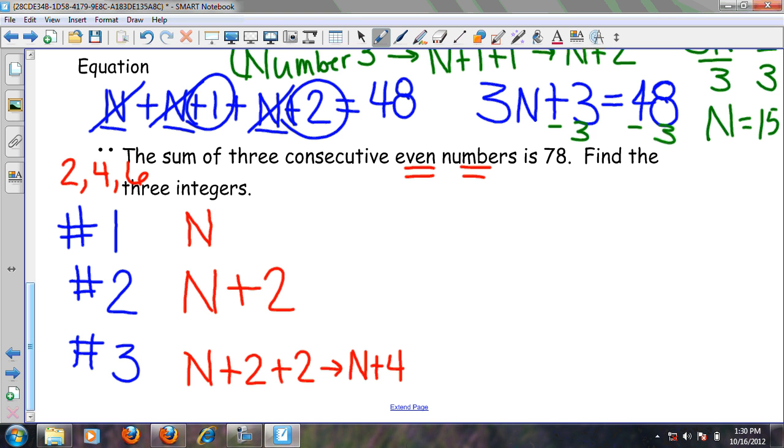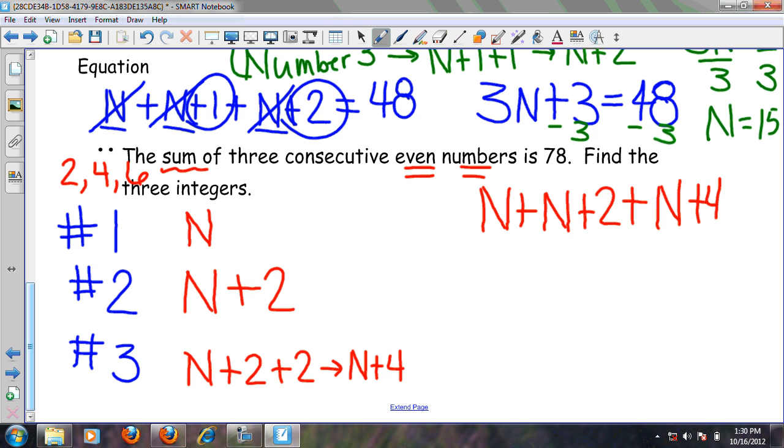Their sum means I'm going to add them together. So n plus n plus 2 plus n plus 4 equals 78. Combine your like terms. 3n, yes, Joelle, plus 6 equals 78.